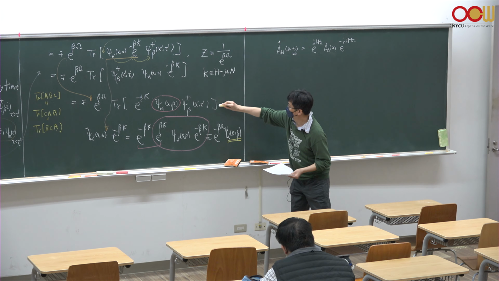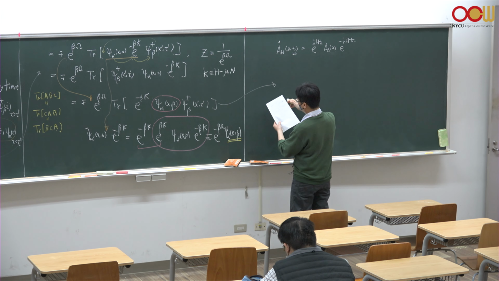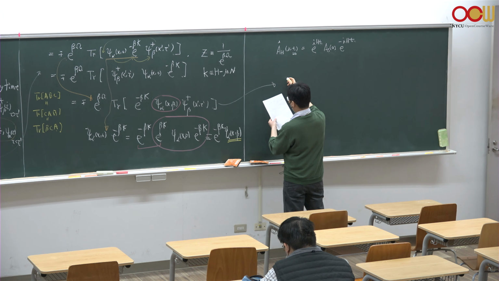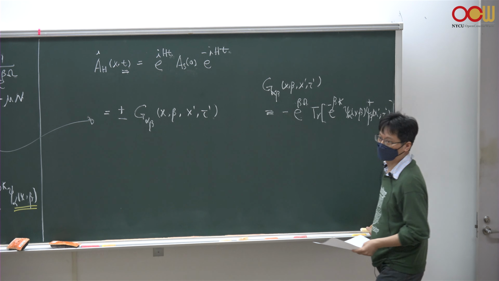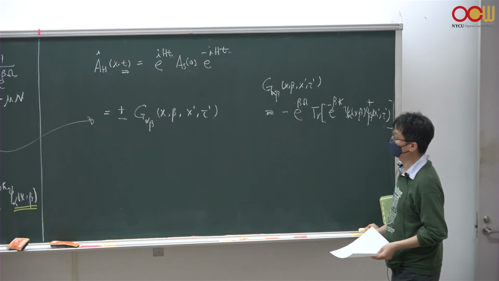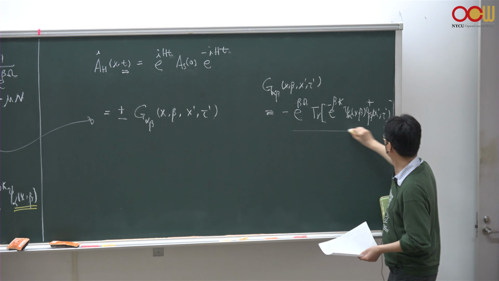So let's just continue. Once I derive such an identity here, I can simply use the definition of this Green's function, which is nothing but plus minus G alpha beta x prime tau prime, where I use the definition that G alpha beta x prime tau prime is given by minus the thing. By definition, this G alpha beta x prime tau prime is given by this expression here.